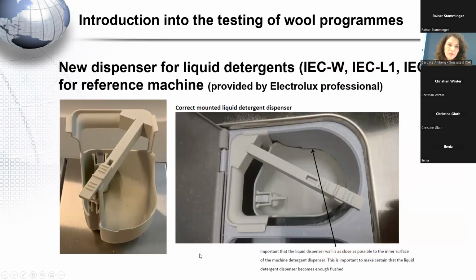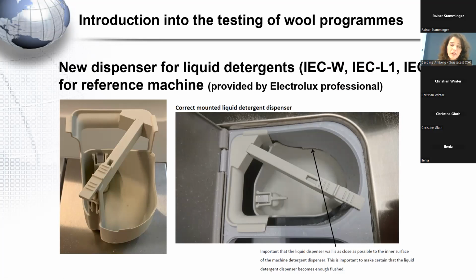As I have mentioned before, a new dispenser for liquid detergents was developed for the reference machine and is provided by Electrolux Professional. I guess the ones taking part in the round-robin test, they should have received this kind of equipment. It is very useful and very helpful, also for weighing the detergent.